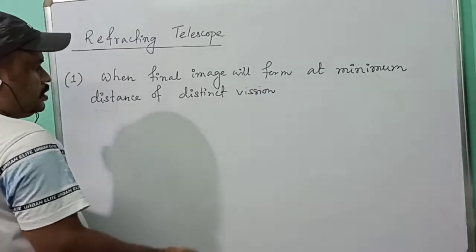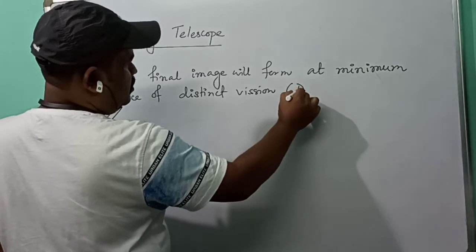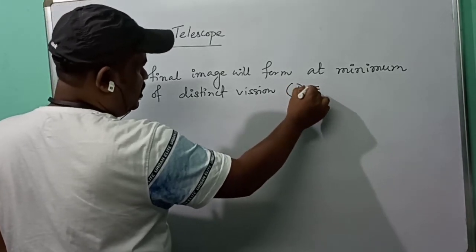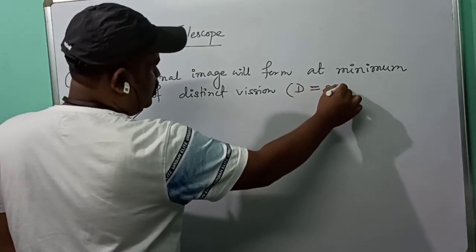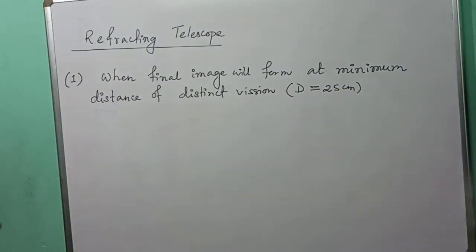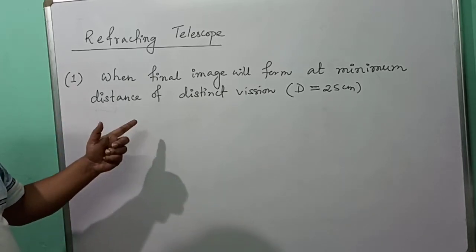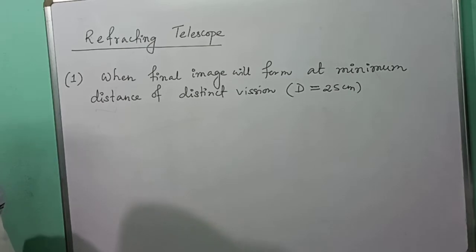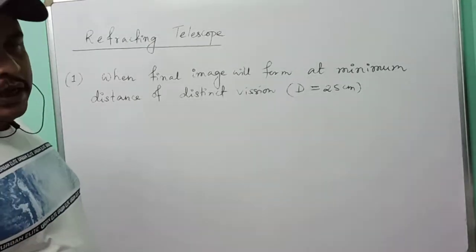That means this will be represented by D, which is 25 centimeter. In that case, we can draw the image formation, and also find the magnifying power of the telescope.